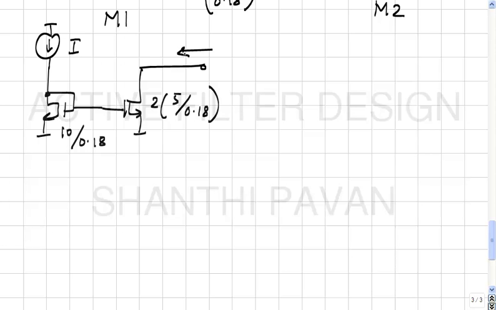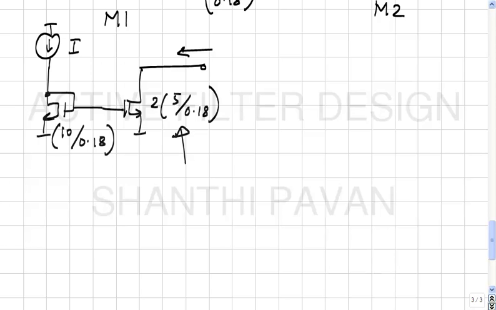What is this current? Do you think it will be exactly I, or it will be different? What is the meaning of 10 by 0.18? It's a single finger of 10 by 0.18, whereas this is 2 fingers of 5 by 0.18.